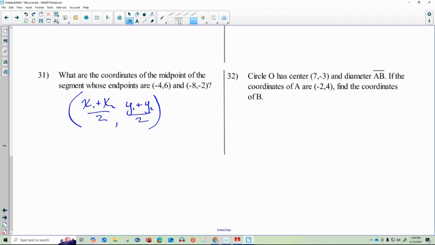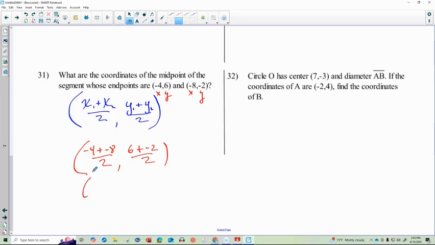If we go back here, we see that this is x, and this is a y, and this is x, and this is a y. So I'm going to just put them into my formula. My x's are -4, added to my other x, which is -8, divided by 2. And then the y's, which is 6 plus -2 divided by 2.